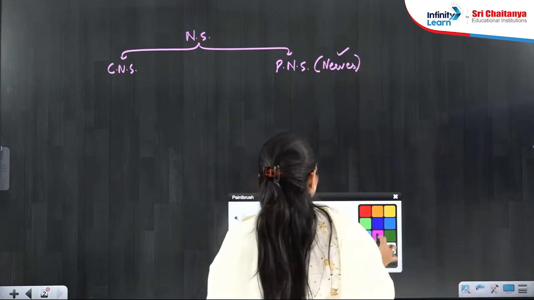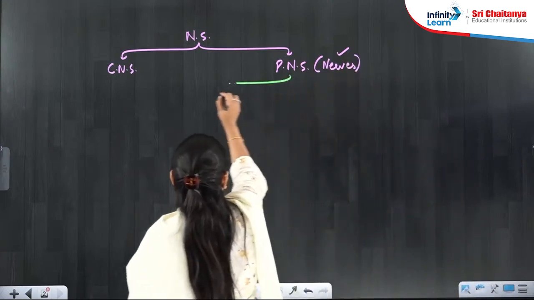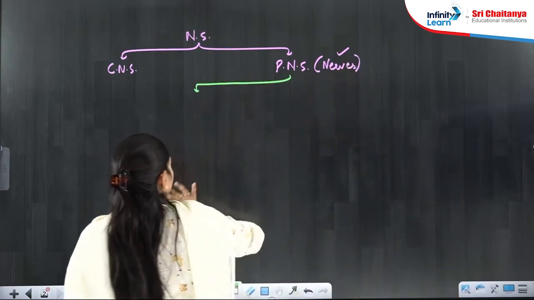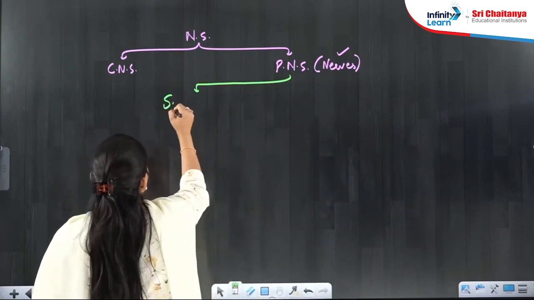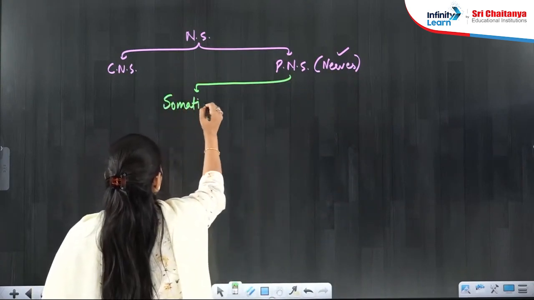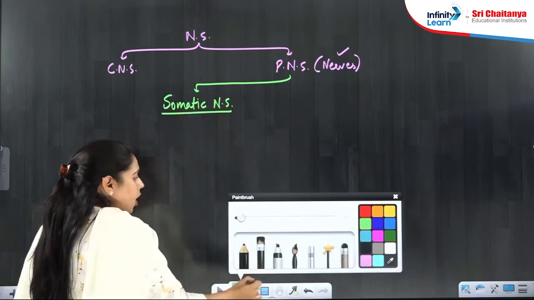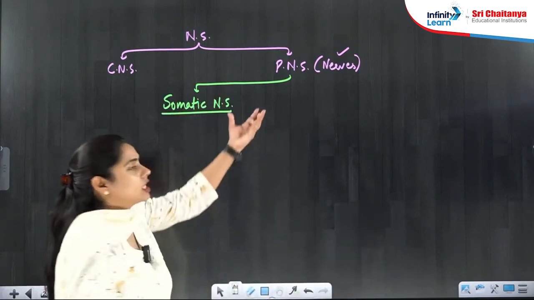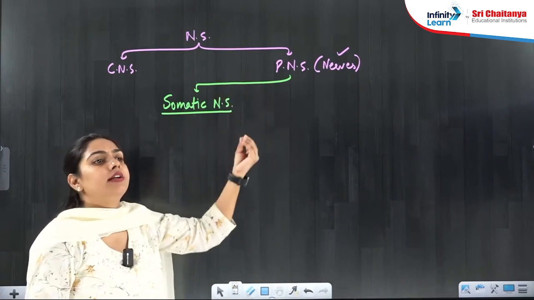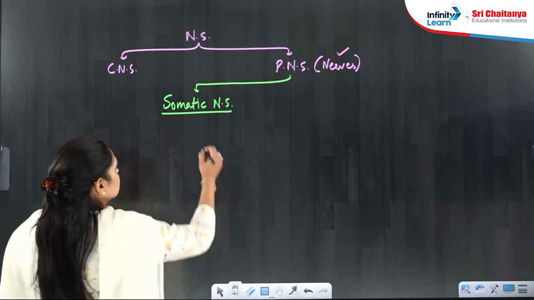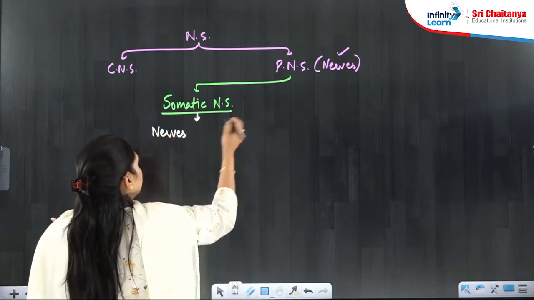But some of the nerves from here are going to the voluntary parts, beta. Those nerves form which system? Somatic nervous system. Somatic nervous system is formed by the cranial nerves and spinal nerves which are going to voluntary parts.